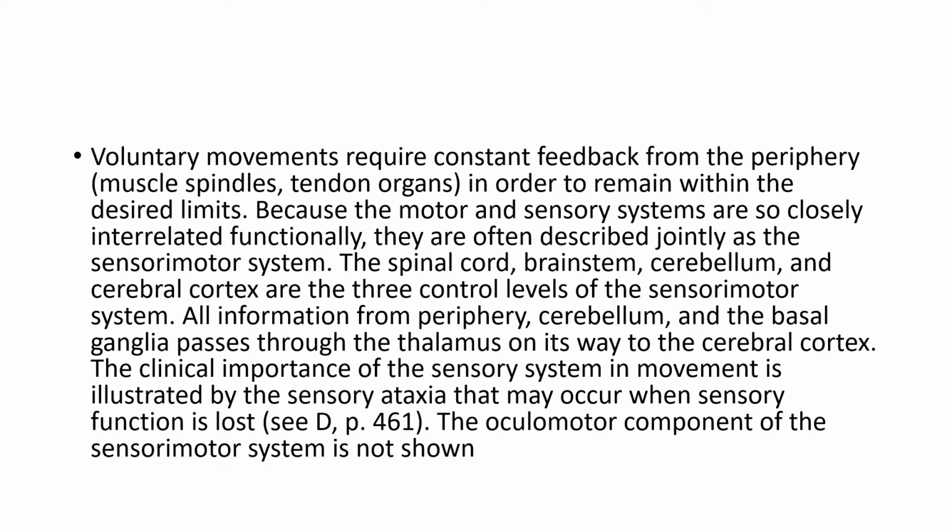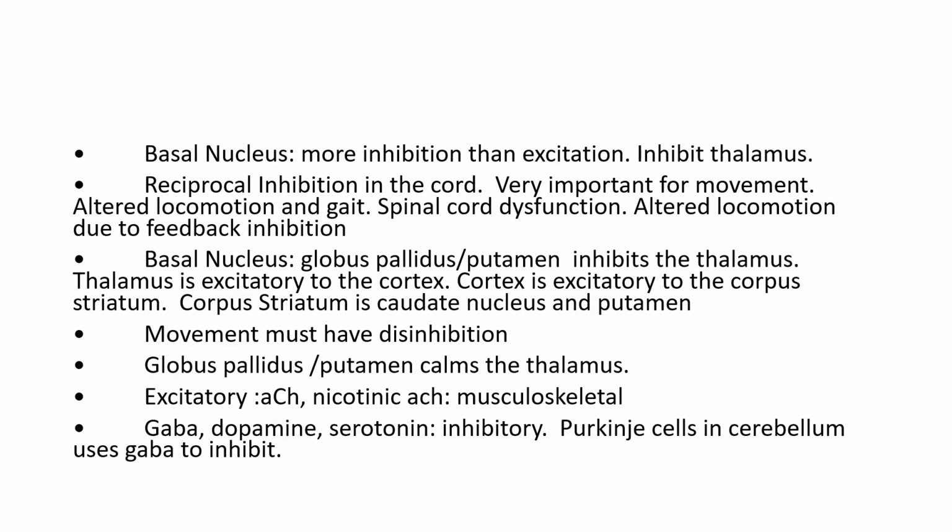The spinal cord, brainstem, cerebellum, and cerebral cortex are the three control levels of the sensory motor system. All information from periphery, cerebellum, and the basal ganglia passes through the thalamus on its way to the cerebral cortex. The clinical importance of the sensory system in movement is illustrated by the sensory ataxia that may occur when sensory function is lost. The ocular motor component of sensory motor not shown in that schematic.